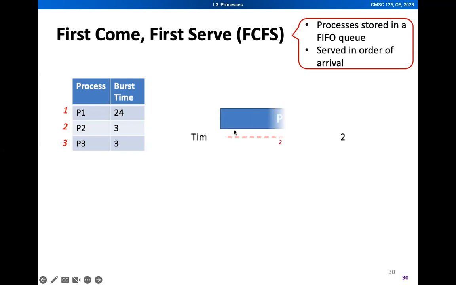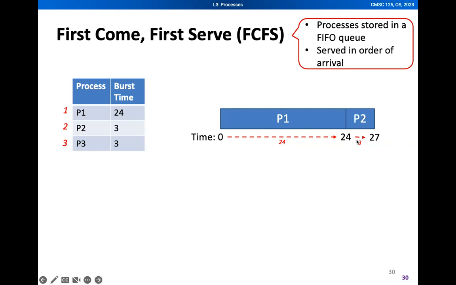Since P1 has arrived first, it gets to be executed by the CPU first. We have mentioned here that its burst time, or the time that it gets to execute, is 24 milliseconds. Then it will be followed by P2, since P2 has arrived second, and its burst time is 3 milliseconds.